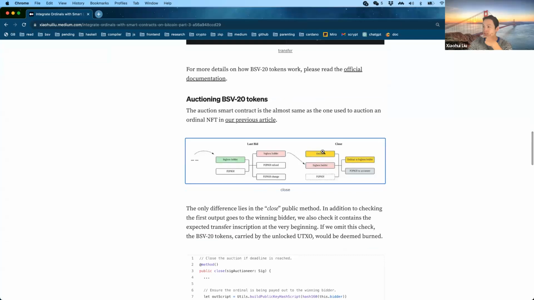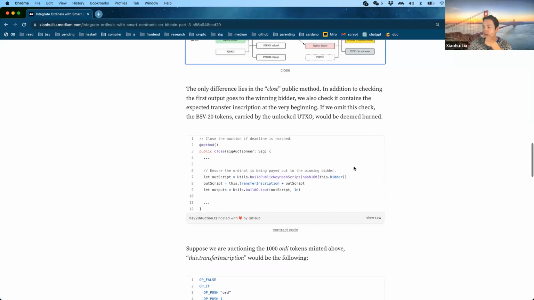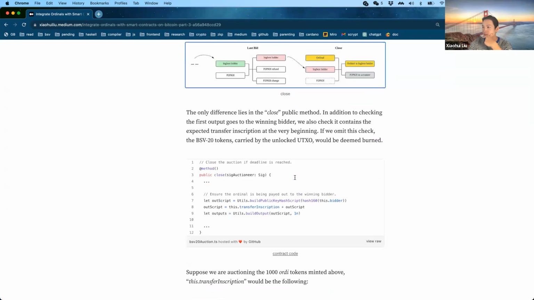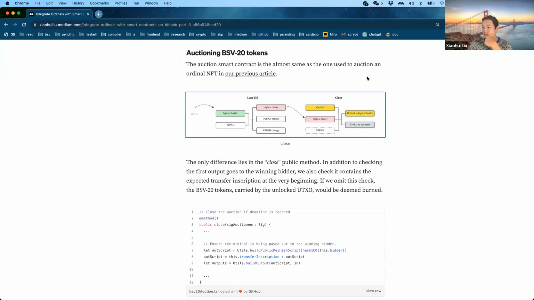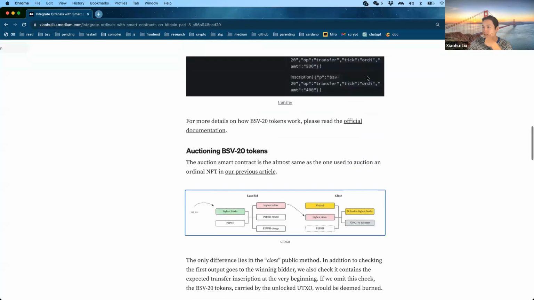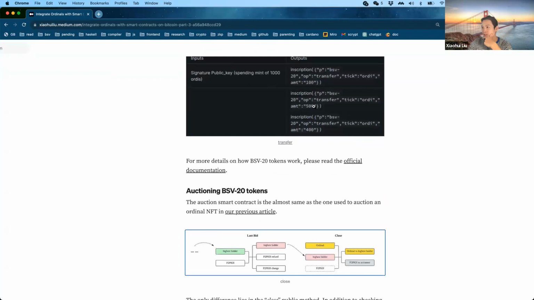So the only difference is, when you hardcode, you could still hardcode the Ordinal when you auction, but you have to make sure the output format is correct. So in this case, you make sure, if I have 500 tokens here, this still has the 500. You have to make sure this inscription is there, because otherwise the auctioneer can change the amount here to the wrong amount.